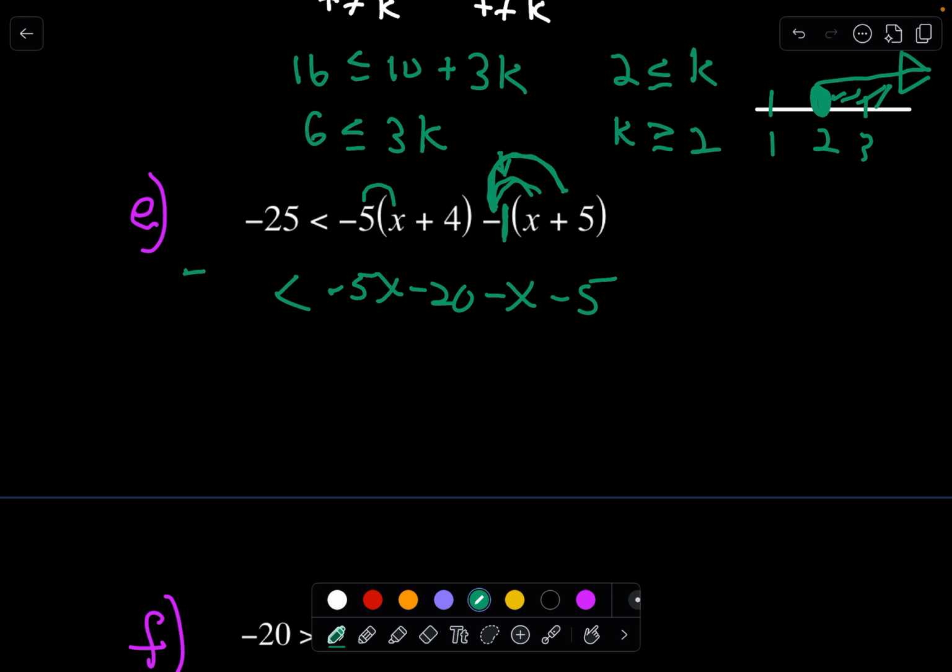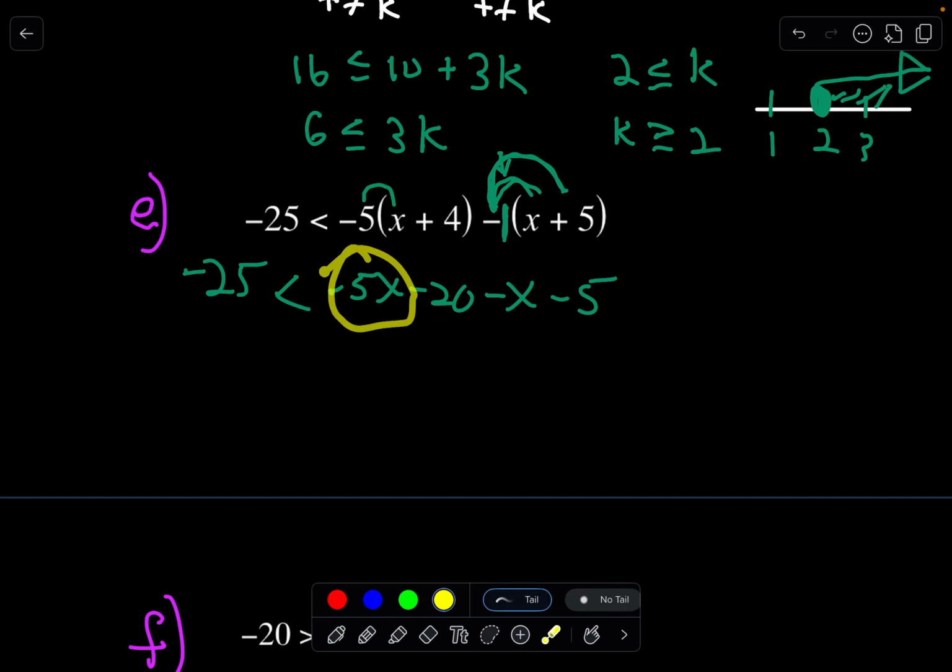And then we still have this negative 25. Lots of negatives. All right, combine like terms, so negative 5x minus 1x is negative 6x. And then we have negative 20 minus 5, and that's negative 25.